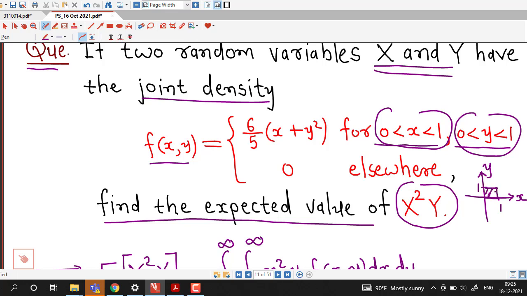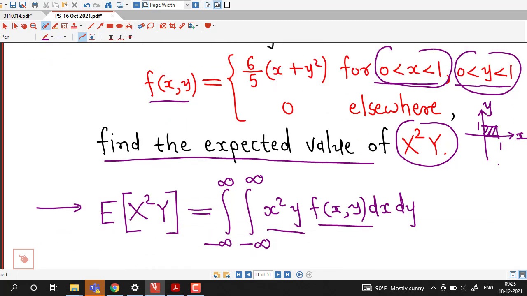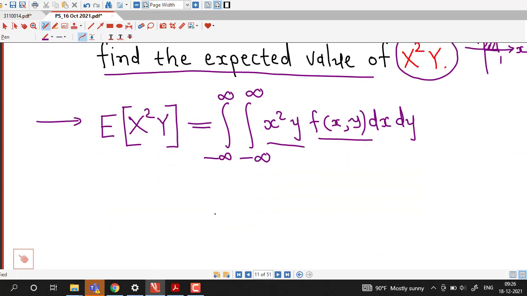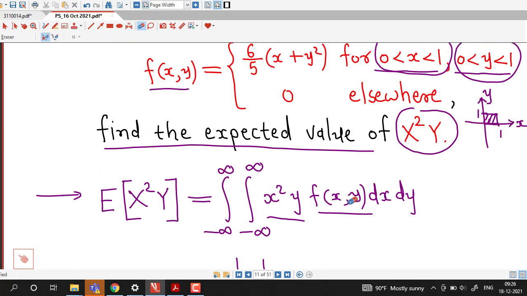So our function f_xy is non-zero on this square, and it is 0 outside this square. So the limits of integration will be x from 0 to 1 and y from 0 to 1, and outside this square the function takes the value 0.